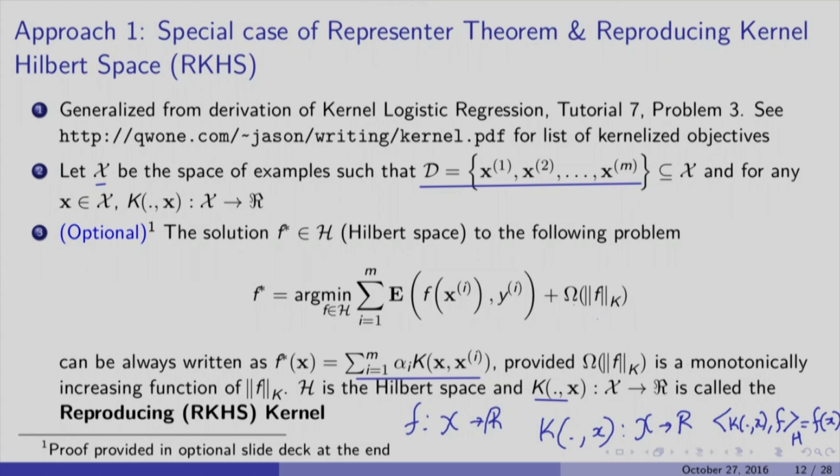This inner product is evaluated in the Hilbert space H. So what happens is that we are able to represent our evaluation functional by taking its inner product with an element of H. So this is called the reproducing property for the kernel K. So K is often also called the RKHS kernel or the reproducing kernel Hilbert space kernel.